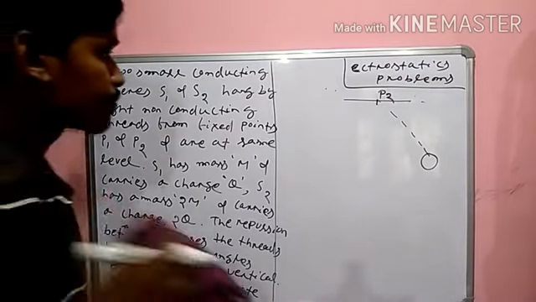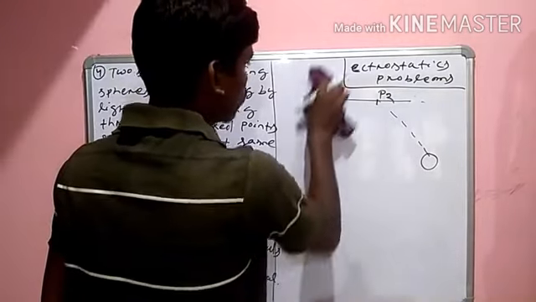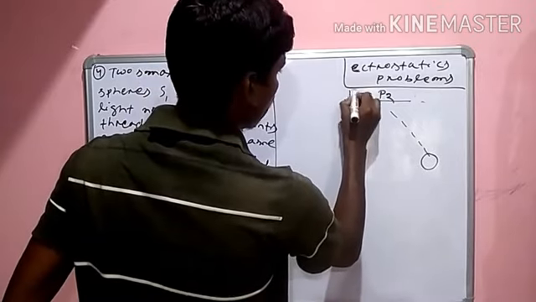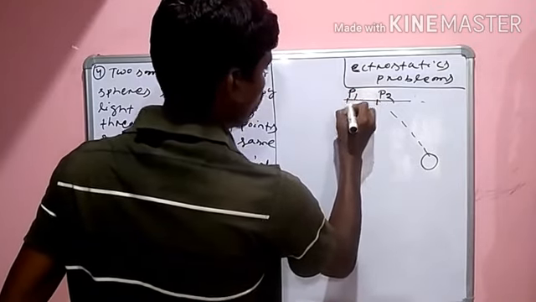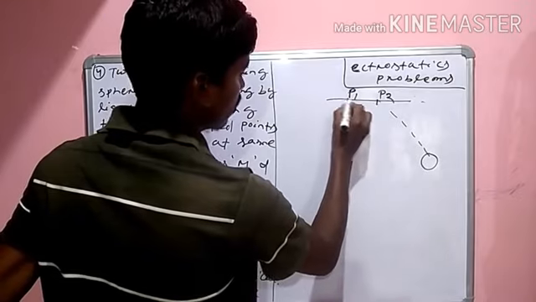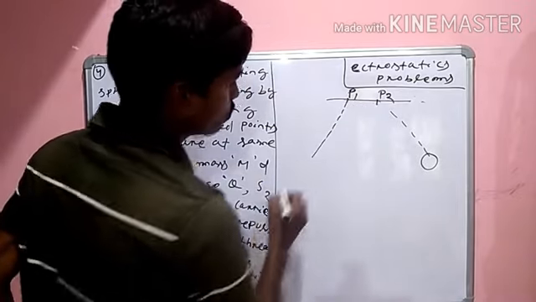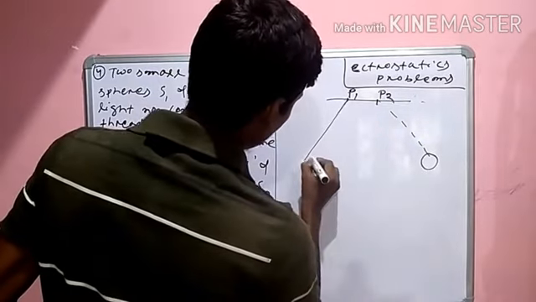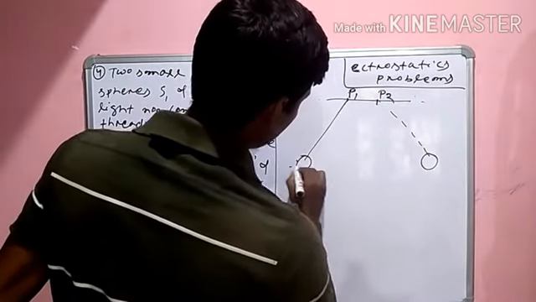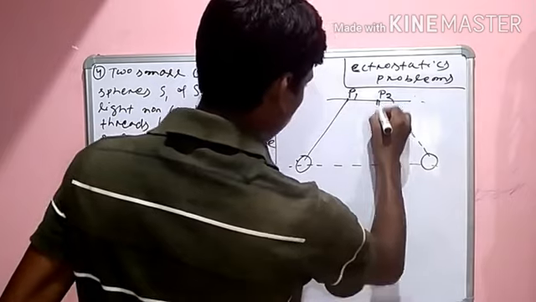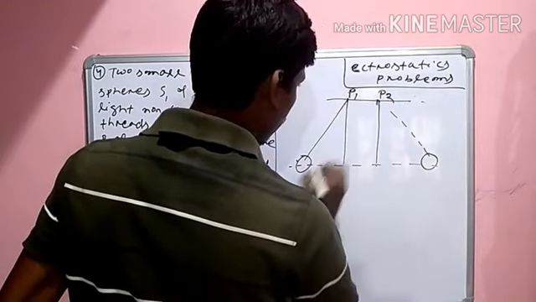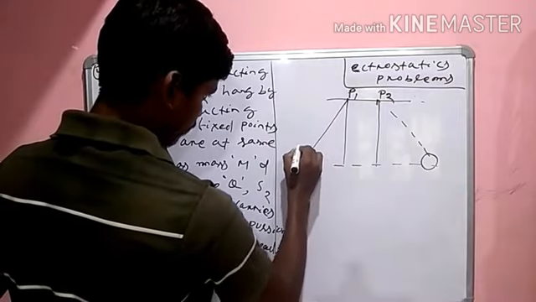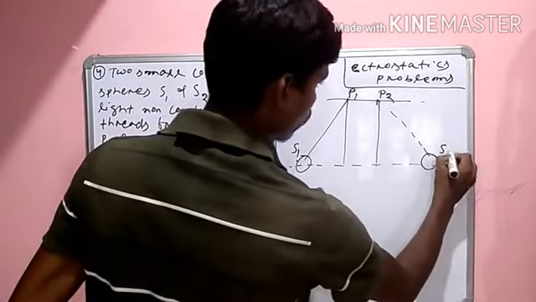So here, due to the small angle, that's why we can choose the point here. Yes or no? The vertical here. Suppose this is S1, this is S2.